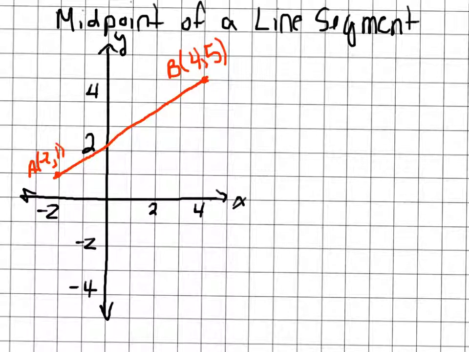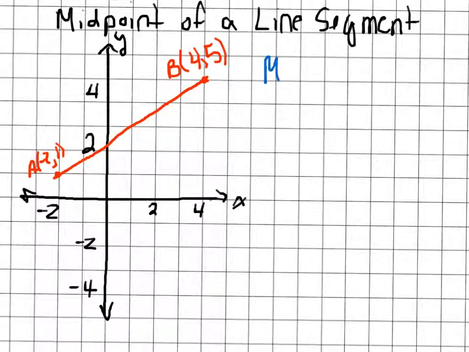So the midpoint is based on really an average because we're looking for the halfway point between these 2 points. So what we'll end up doing is averaging both the x-coordinate and the y-coordinate. So our midpoint formula looks like this.